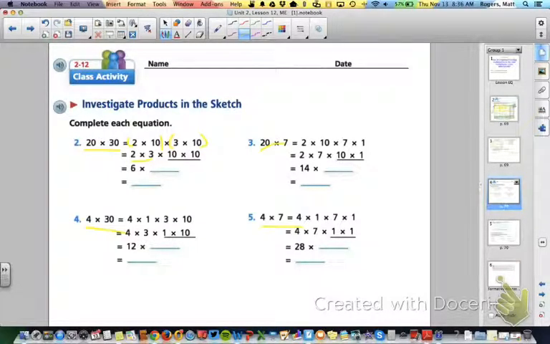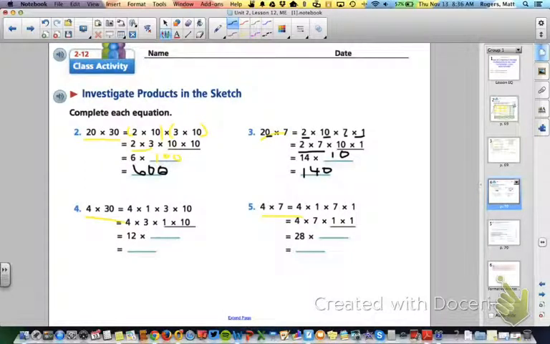In this case, 2 times 3 is 6 and 10 times 10 is 100, so our answer is 600. Similarly, 20 times 7 is 2 times 10 and 7 times 1. If I take the numbers 2 and 7 and multiply them, and then the place values 10 and 1, I've got 14 and 10, which gives me a total answer of 140.